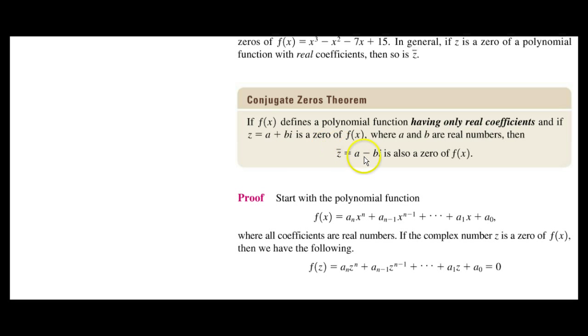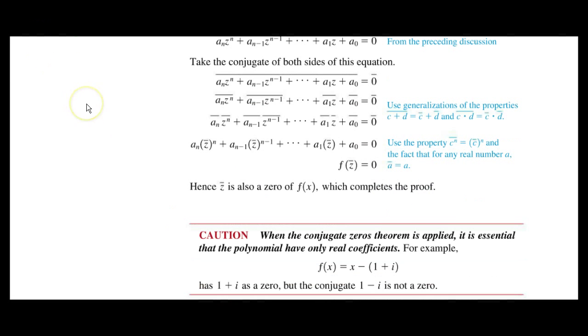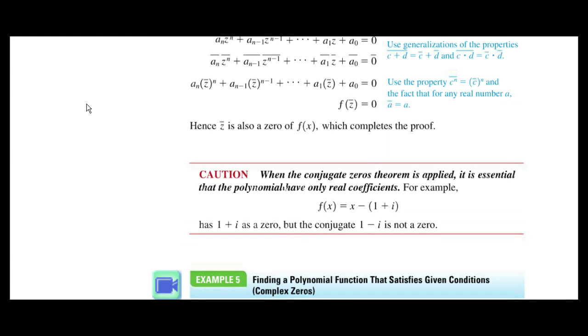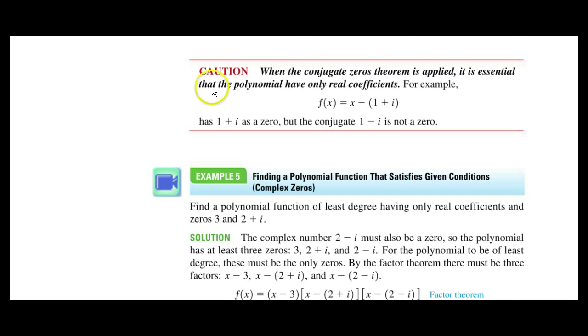Check it out here. And they do give us a proof, which is kind of challenging. So when the conjugate zero theorem is applied, it is essential that the polynomials have only real coefficients.